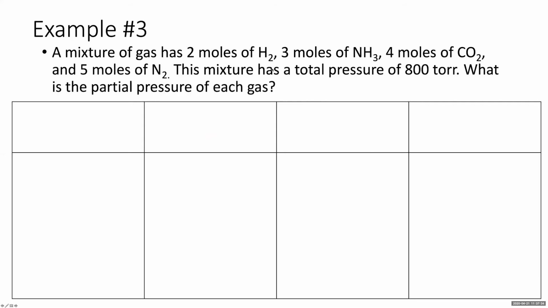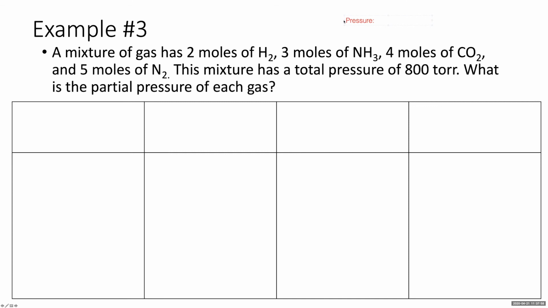So for this problem, let's read it. A mixture of gas has 2 moles of hydrogen, 3 moles of ammonia, 4 moles of CO2, and 5 moles of nitrogen gas. The mixture has a total pressure of 800 torr. Real quick, guys, a little quick recap. Pressure can come in different units.